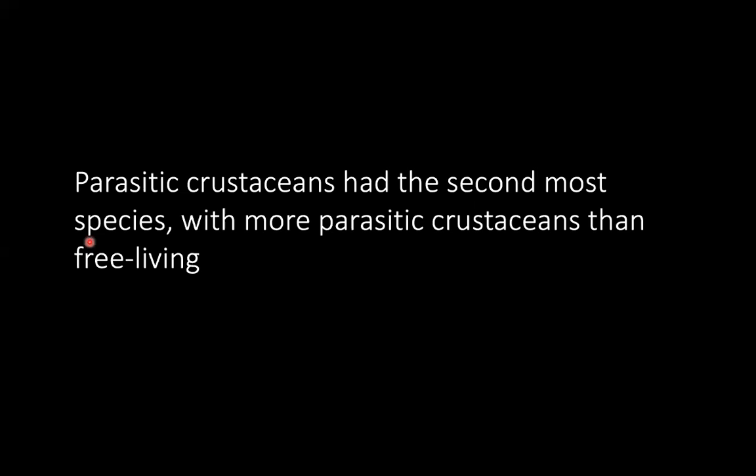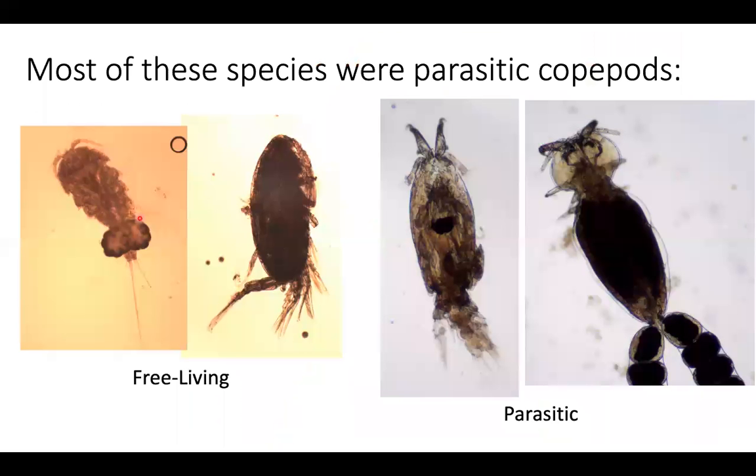So the parasitic crustaceans had the second most number of species, and there were more parasitic crustaceans than free living species. And most of these were parasitic copepods. And I just wanted to show you some of the differences between a free living copepod and a parasitic.